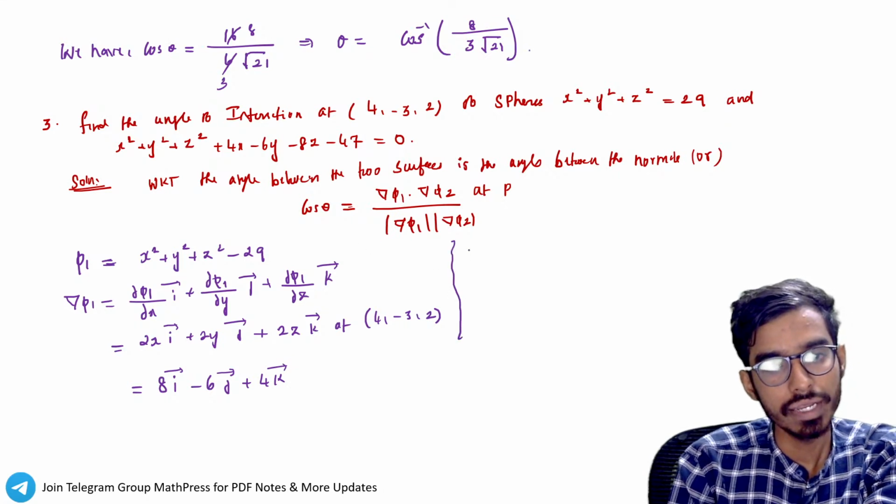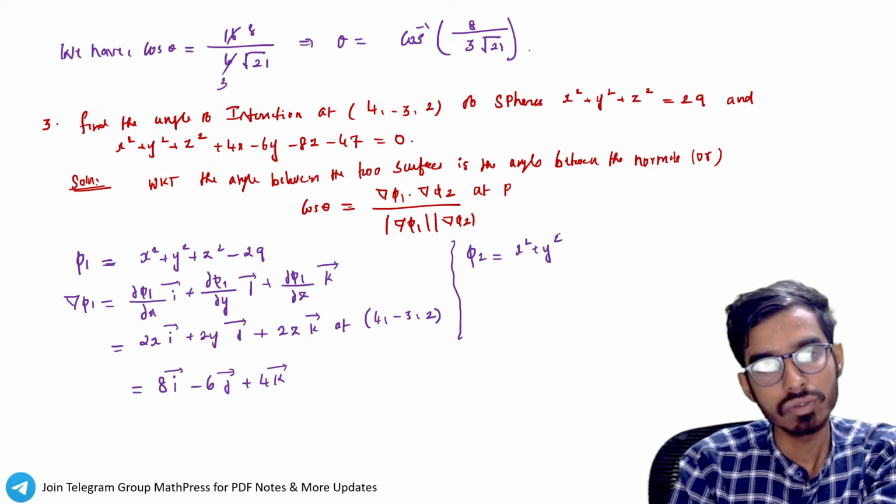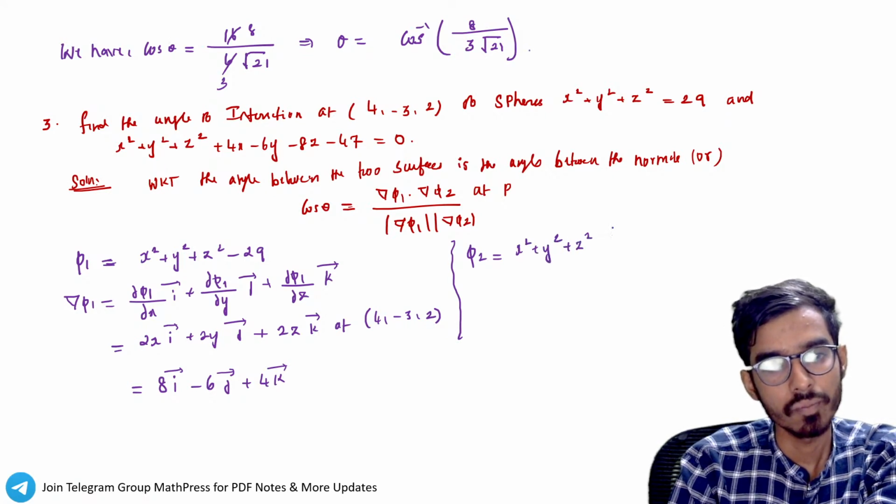Now similarly, you find del phi 2. So phi 2 is x square plus y square plus z square plus 4x minus 6y minus 8z minus 47. So you find del phi 2.